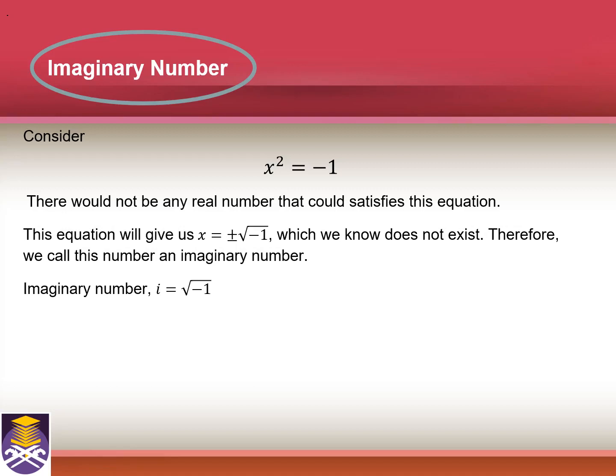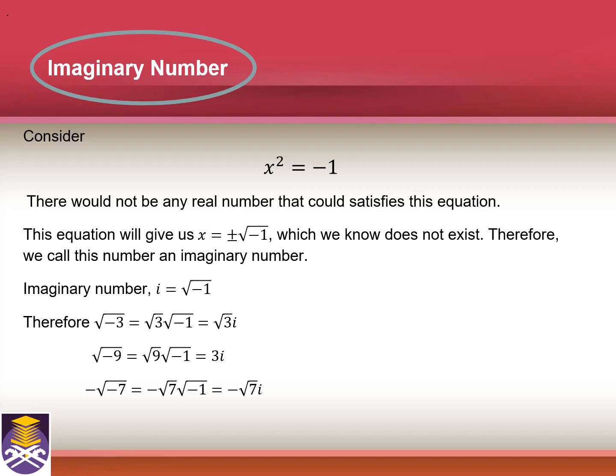Imaginary number i is equal to square root of negative 1. Therefore, square root of negative 3 is equal to square root of 3 i. Square root of negative 9 is equal to 3i. And negative square root of negative 7 is equal to negative square root of 7 i.